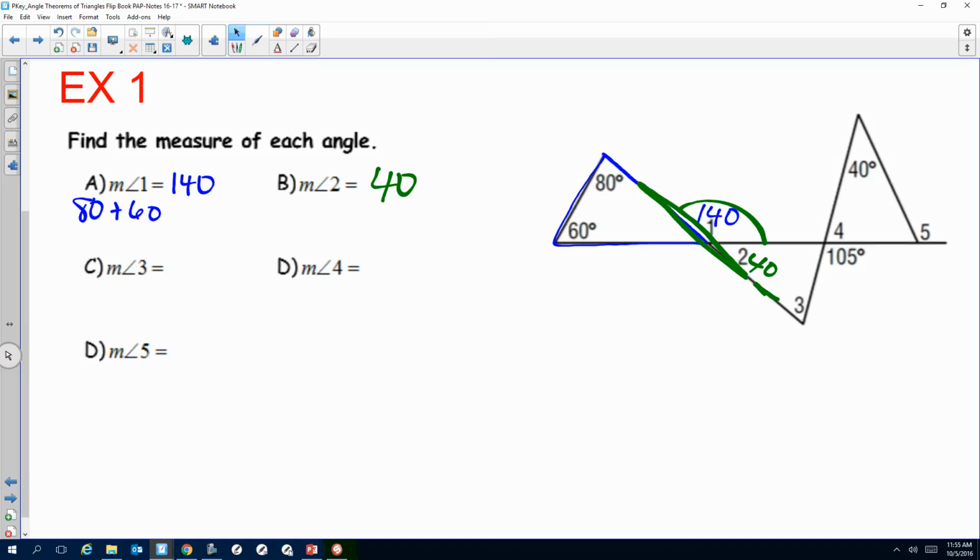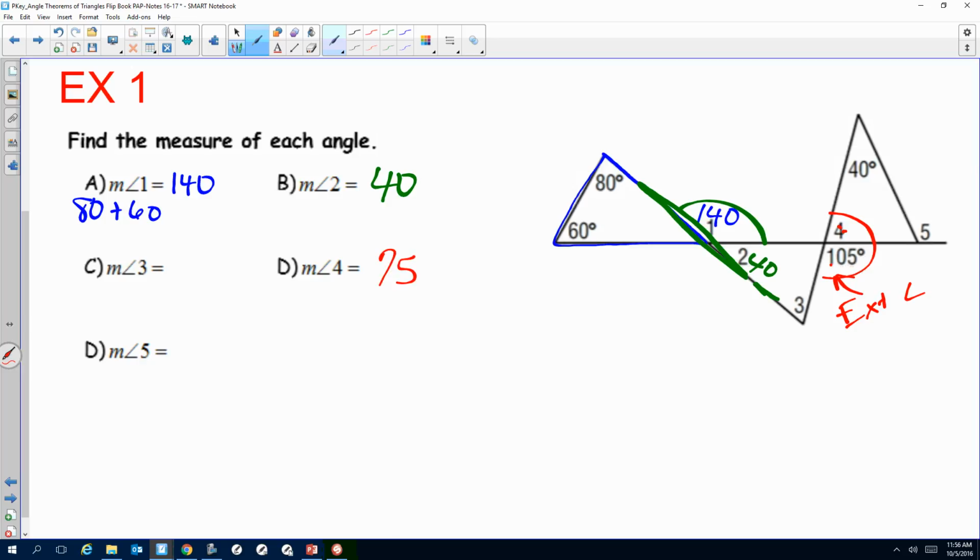How are we going to get to this angle 3? Yeah, 105 is an exterior angle. Or we can go to angle 4. Couldn't I go to angle 4 as well? Because angle 4 and 105 is a linear pair. So angle 4, we get 75.